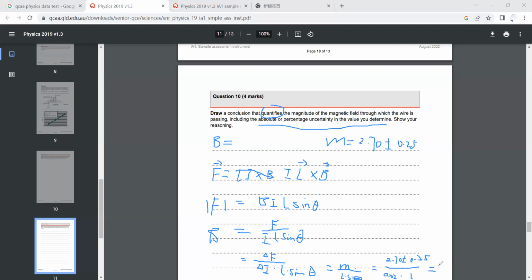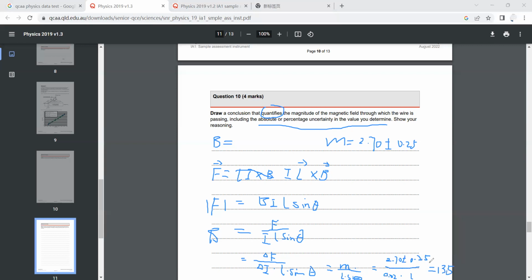So the result would be... dividing by 0.02 is the same as times 50. So 2.7 times 100 is 270. 270 divided by 2 is 135.